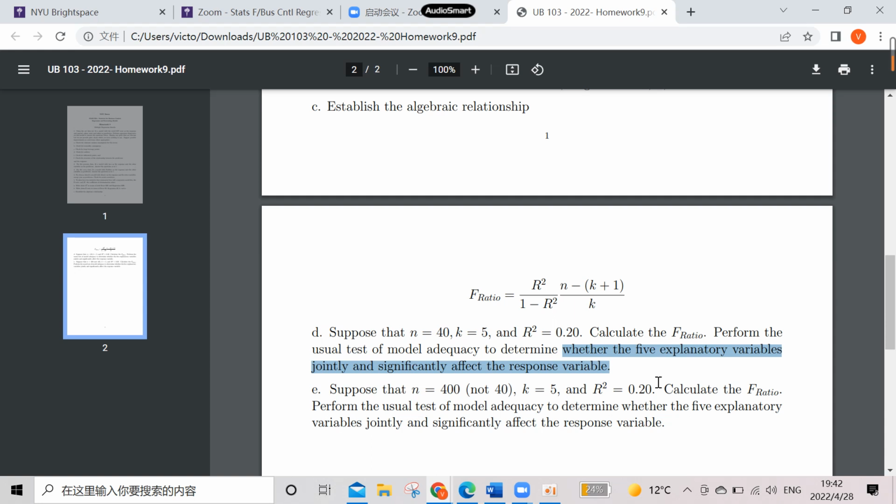And the F-test formula is slightly different, so that adds 1 more level of difficulty. But in this homework assignment, you just need to understand how to test 5 versus 0. Should I use 5 predictors, or just not use predictors at all? All the betas are 0. Okay.